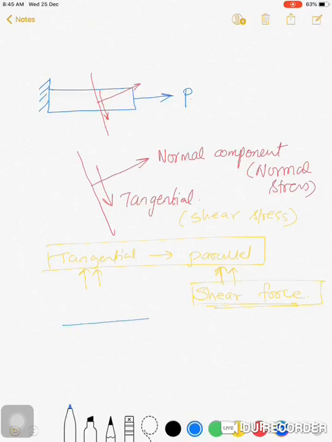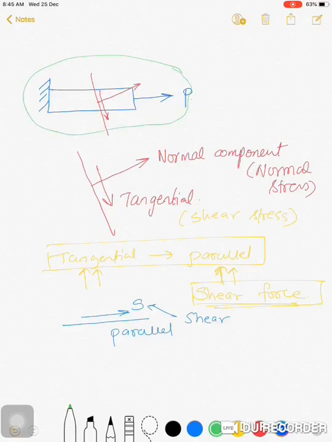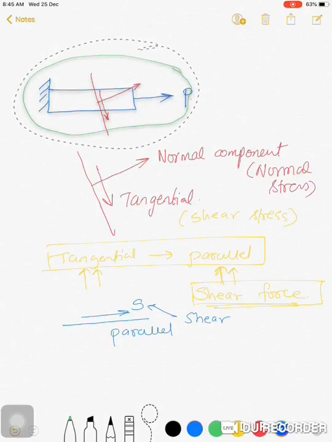Example, if this is a plane and this is a force on this plane acting like this, then S will be called as shear because this is parallel. Now we will come to our point.